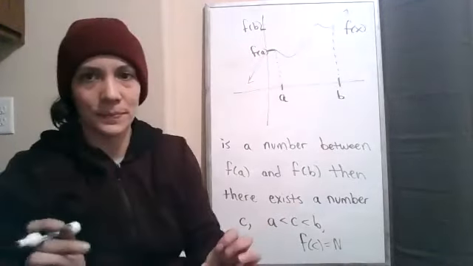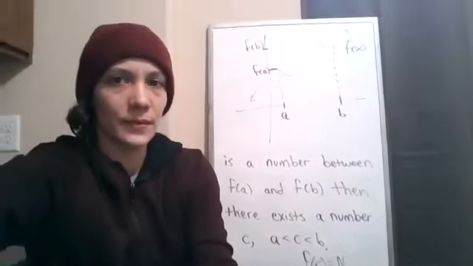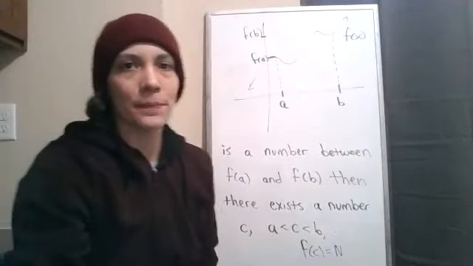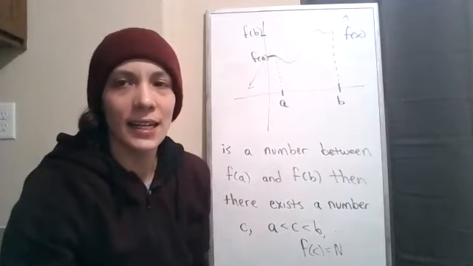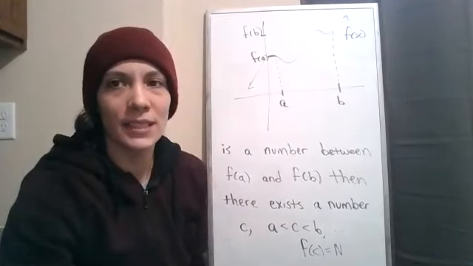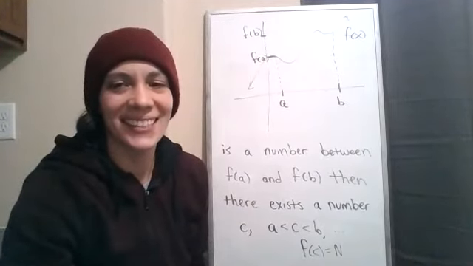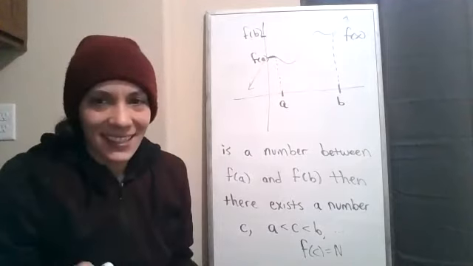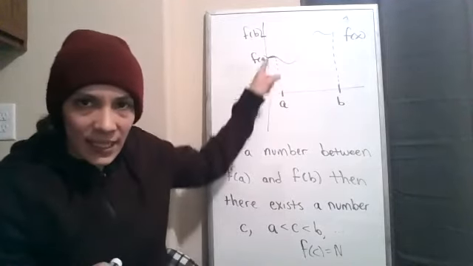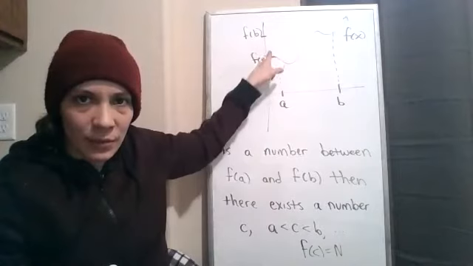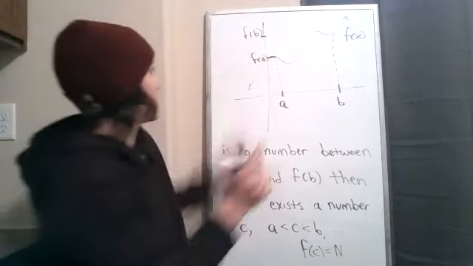Okay. Let's do n is some number between a and b. We'll put it right here.